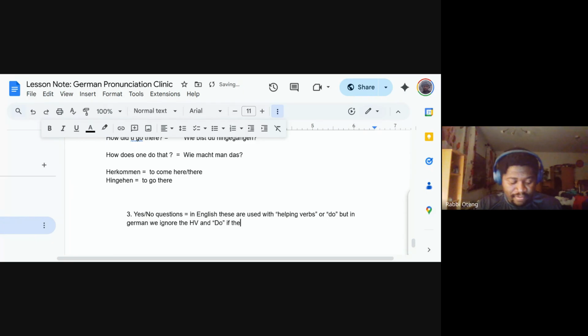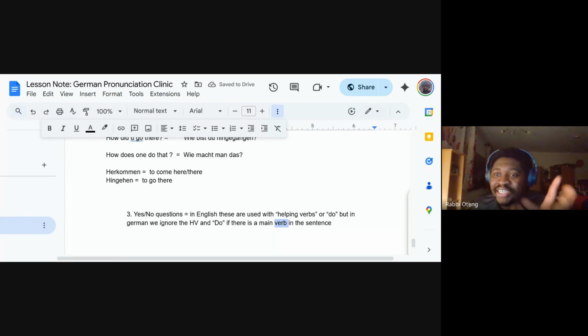If there is any other verb aside from do and is or are, then we don't use is or do. We just use the main verb.